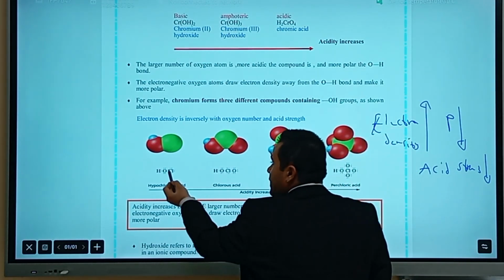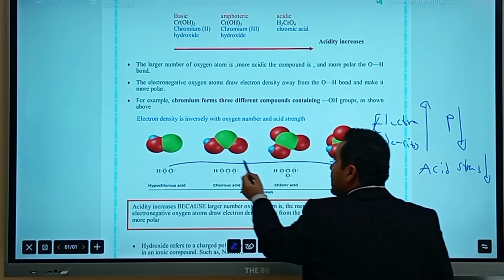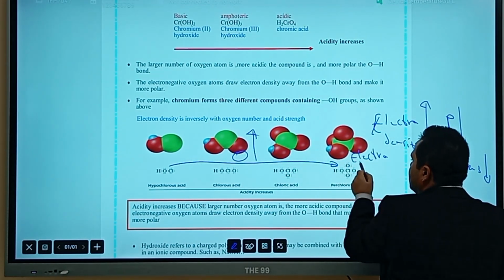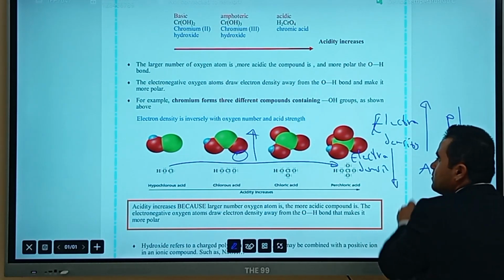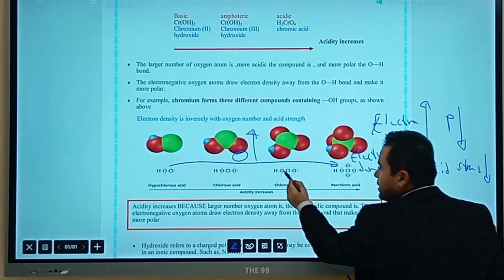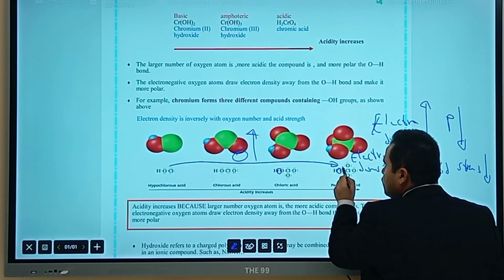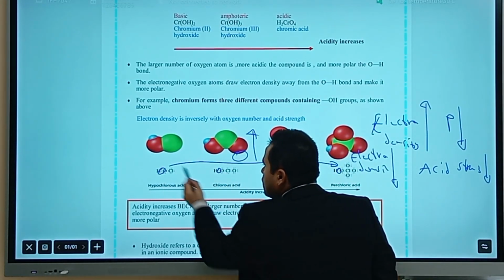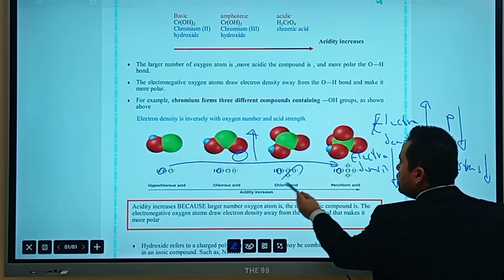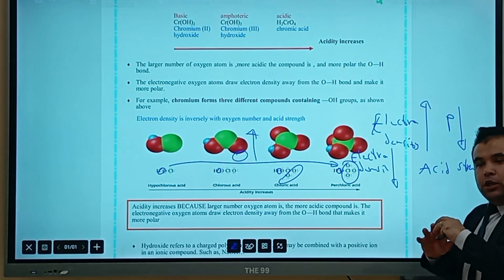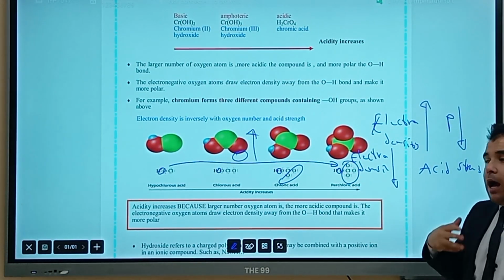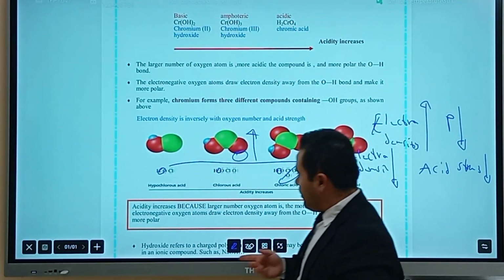Or we can say, as the number of oxygens increases in this direction, what happens to the electron density? It decreases. What we mean by electron density is the electron density in the bond of the OH, the hydroxyl groups, which will reduce. Having more oxygens around the central atom will reduce the density of electrons in the bond, and then the bond becomes more polar, and then it becomes more acidic.